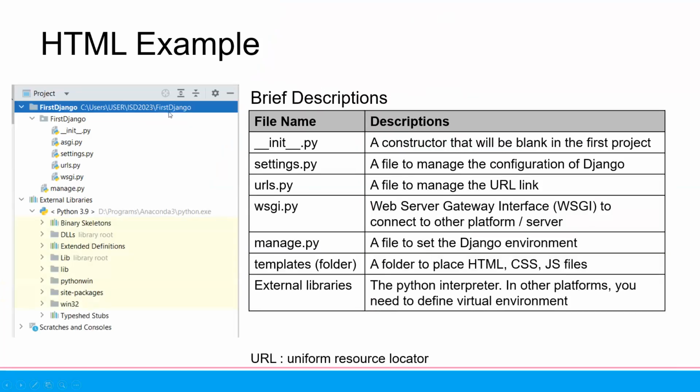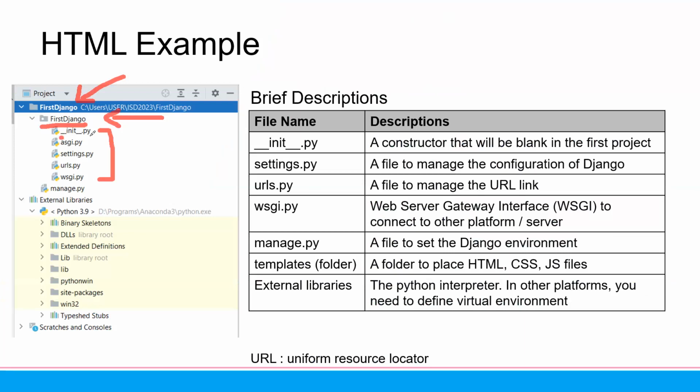When you create the first Django project, you will see some of these files. You can open the files. The project name is first Django, and inside this project it contains one folder. This folder includes the main files of the Django project.